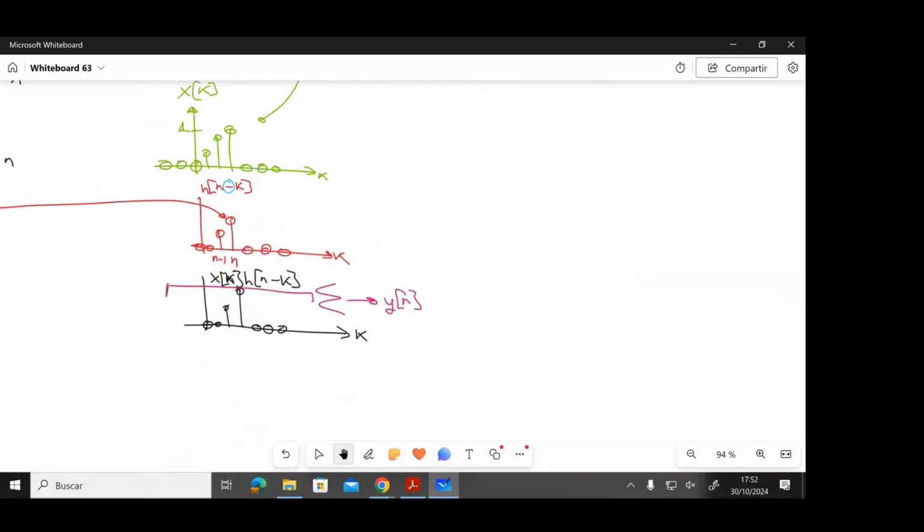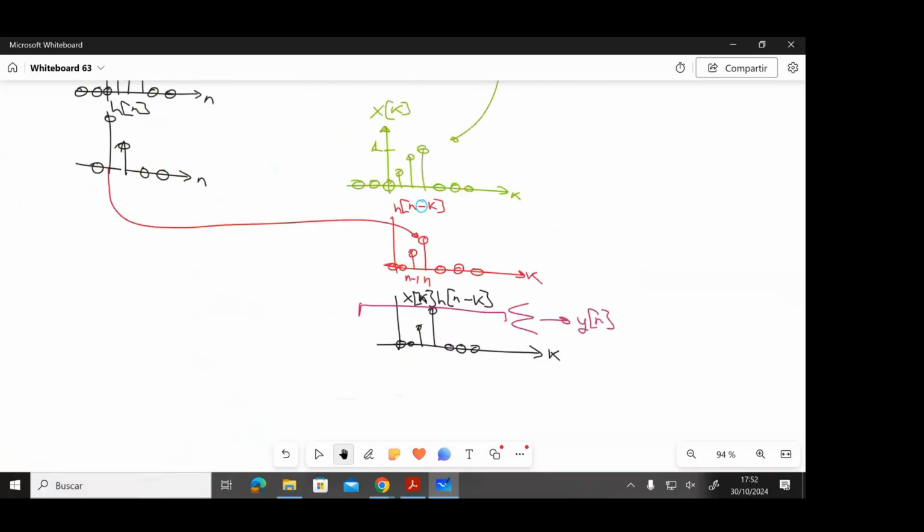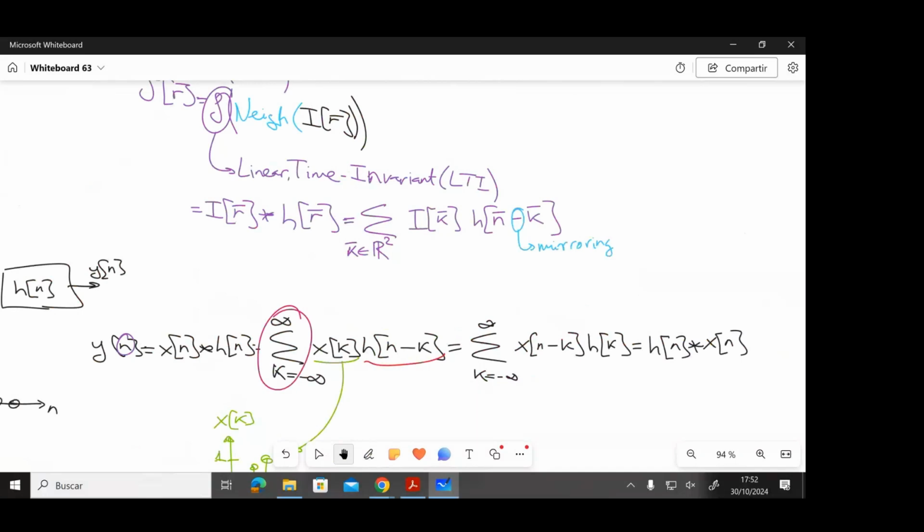So first you mirror and then you shift. Okay, so there is a mirroring with respect to the origin, and then you shift. And the same will happen in multiple dimensions. So first you mirror in 2 dimensions, and then you shift the location. So we will see all that in the slides.